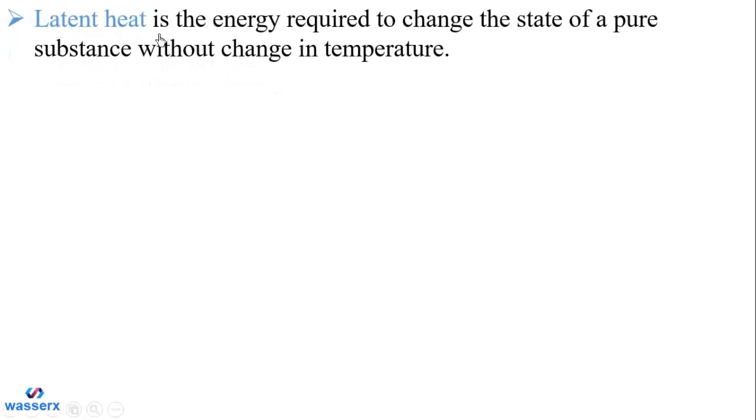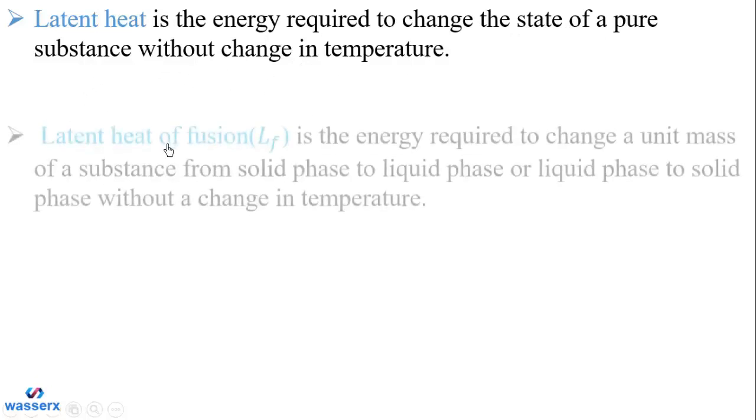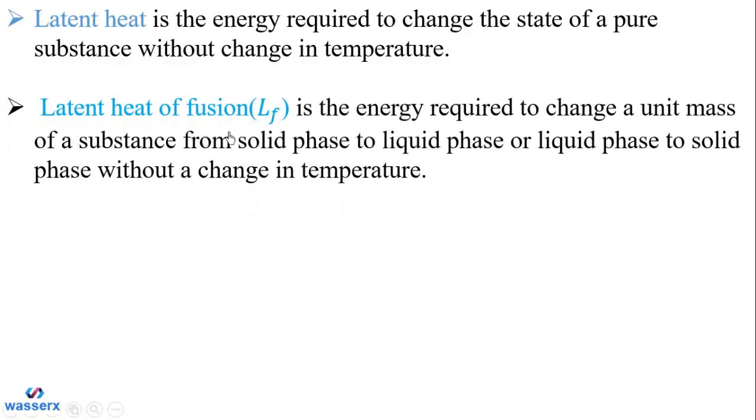Latent heat is the energy required to change the state of a pure substance without change in temperature. Latent heat of fusion is the energy required to change a unit mass of a substance from solid phase to liquid phase, like melting of ice, or liquid phase to solid phase, like solidification, without a change in temperature.